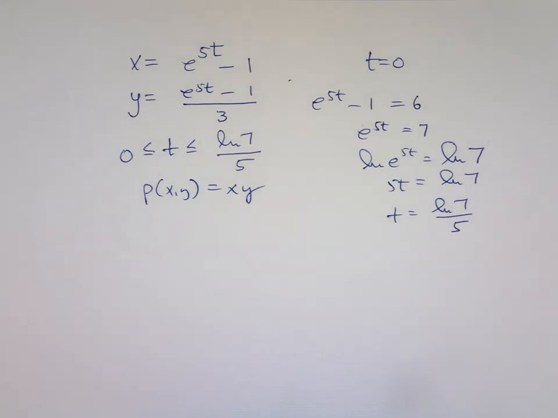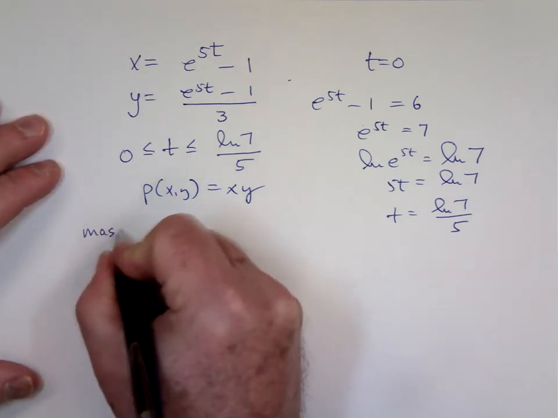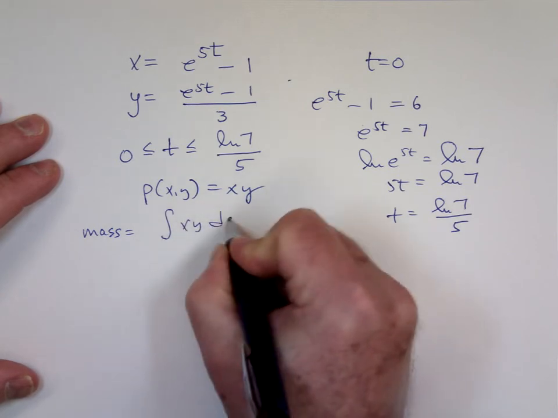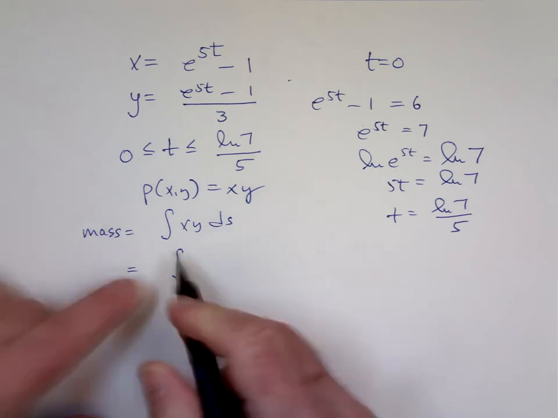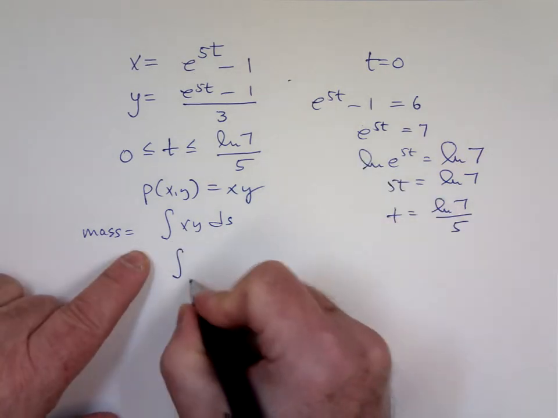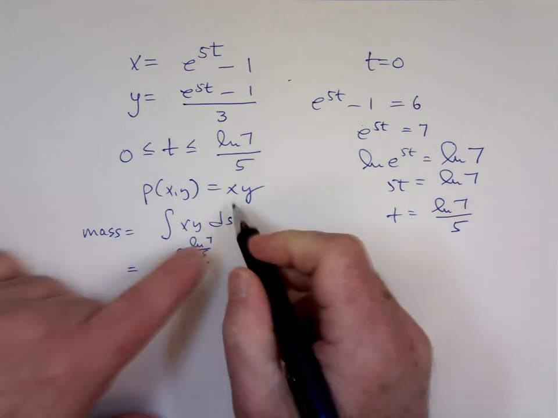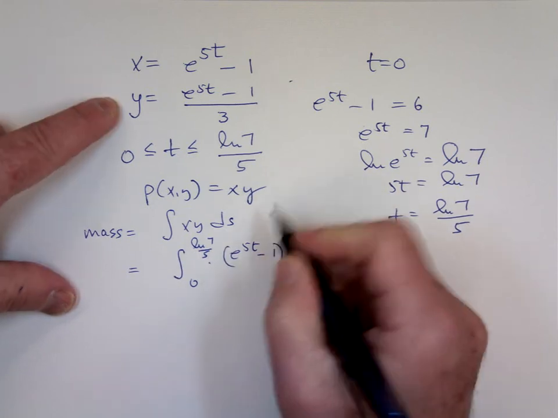Let's do it. Okay, the mass is equal to the integral of our density function ds. We have t going from 0 to the natural log of 7 over 5. We have x, e to the 5t minus 1. Y, e to the 5t minus 1 over 3.